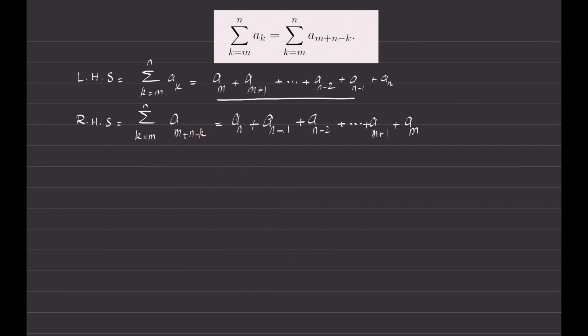The first one adds a sub m to a sub m plus 1 up to a sub n. The next one starts adding the terms from the last term to the first term, but of course we know that there's no difference between how we add the numbers. Okay, it's a very useful and handy equality when it comes to manipulating sigmas.